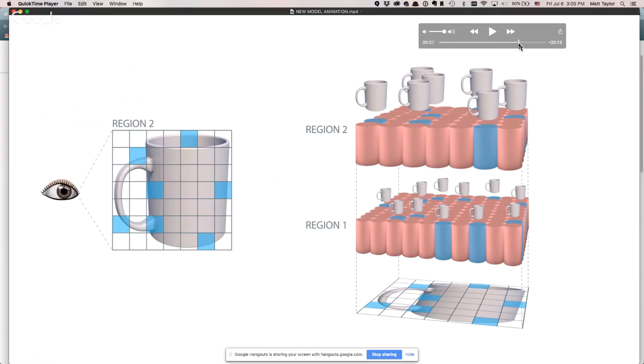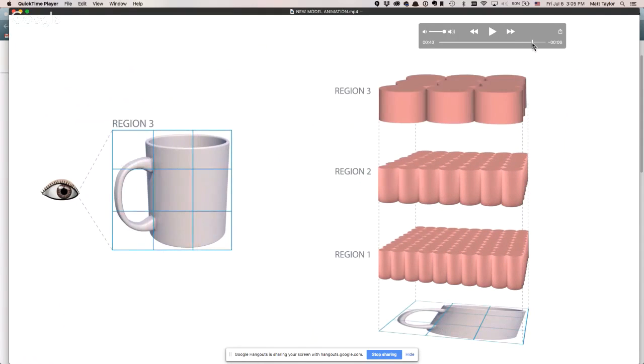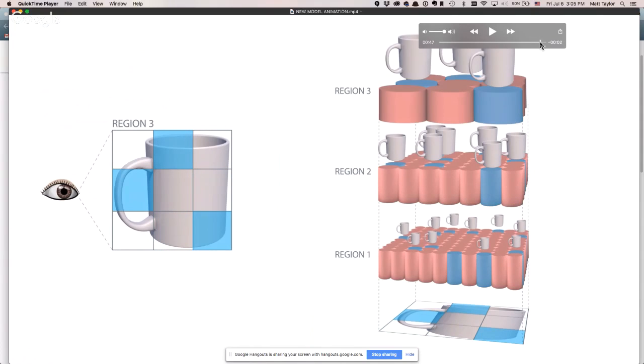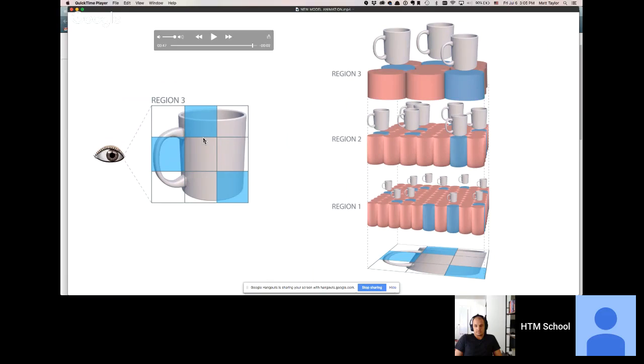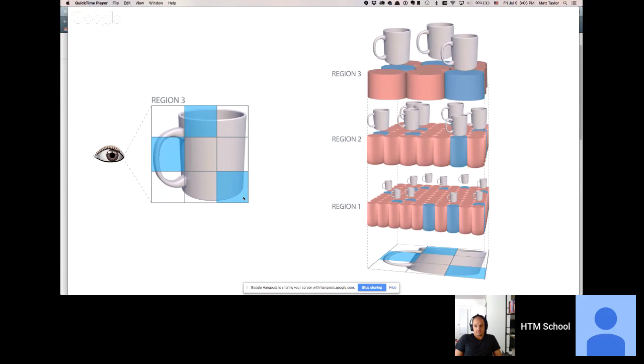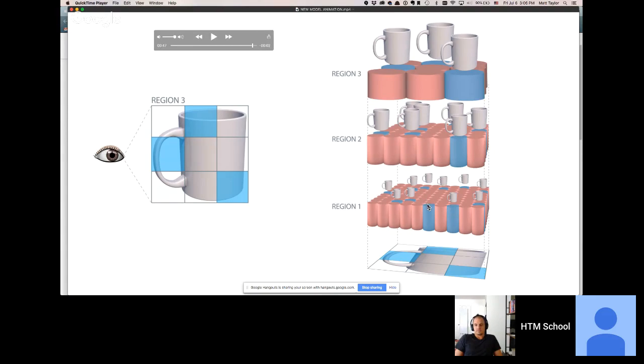The point I'm trying to get across is, as we go up this hierarchy, and here's the one at the very top with the huge ones, it gets the largest section. So it can potentially explain how we handle scaling objects up and down and recognize things very small and very large, because we have object recognition happening at large and small scales.